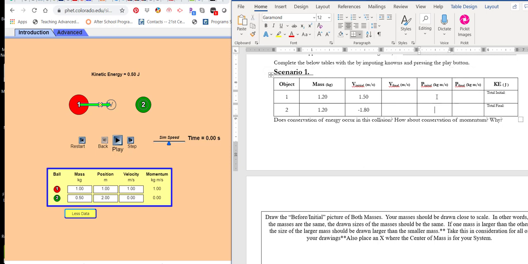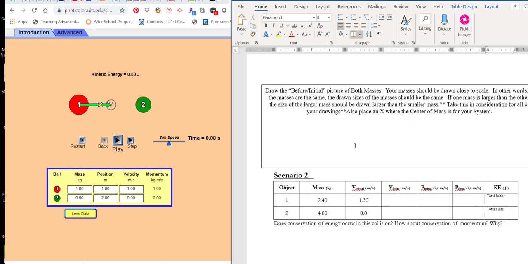You add those two together, see what it is. Total momentum after, add these two numbers together, see what it is, and you will be able to answer this question. Will those be the same number? What about the energy? Is the total kinetic energy initial the same as the final for elastic collisions?